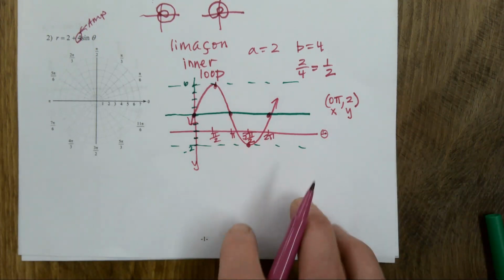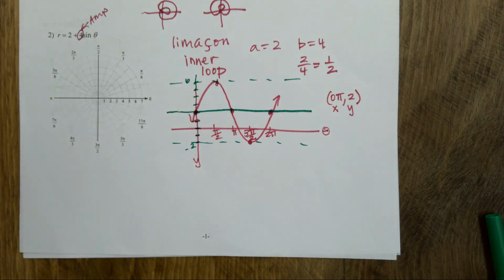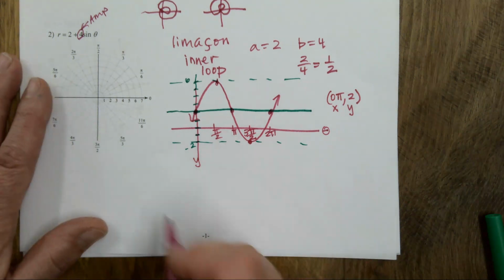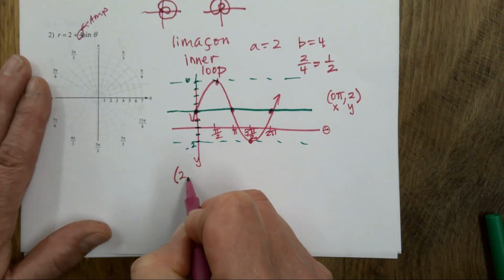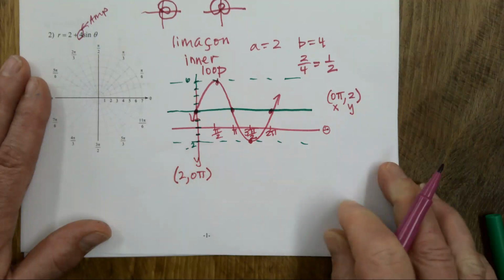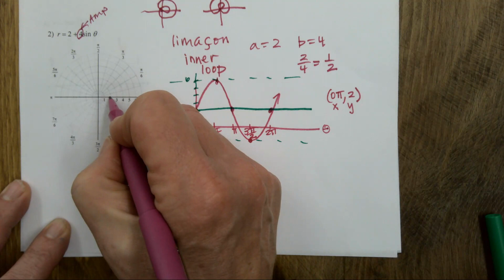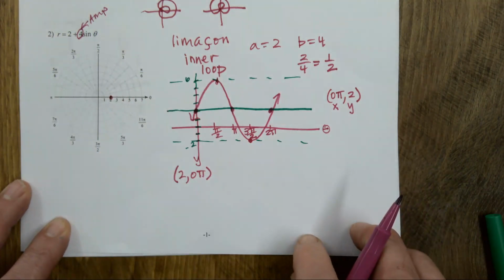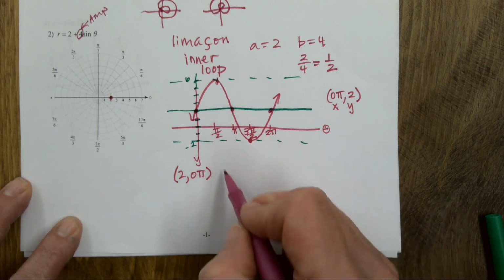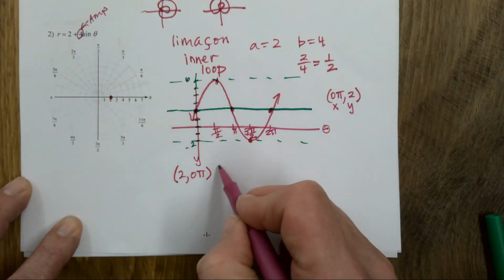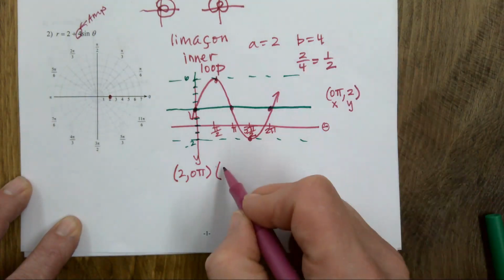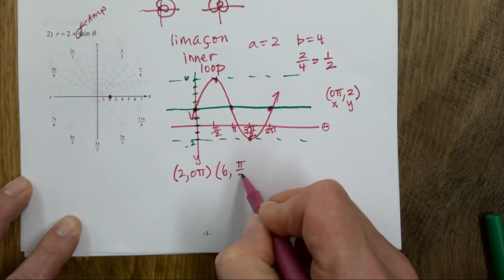But I want to treat it like I'm looking at a polar coordinate, which takes a radius and an angle. And so my real first point that I'm going to graph is 2, 0 pi. And so again, I can put that on my graph, 2, 0 pi. My next one is 6, pi over 2.